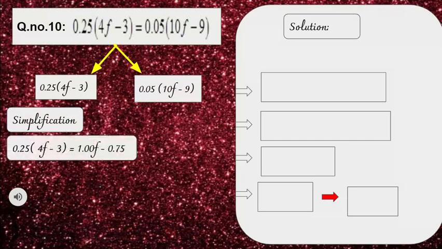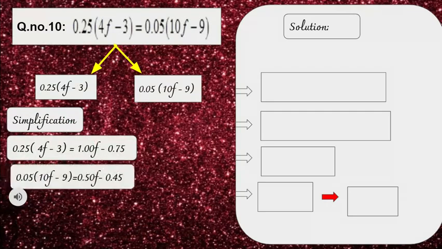Then after that we can put the decimal, so 1.00f. Plus into minus is minus. 25 times 3 is 75, so putting the decimal, 0.75. So on the left side we will get 1.00f minus 0.75. Then the right side is 0.05 into 10f. 5 times 10 is 50, then putting the decimal, 0.50f.